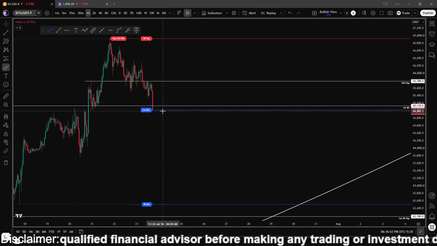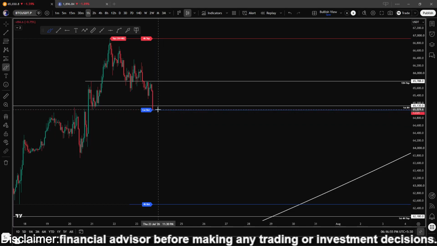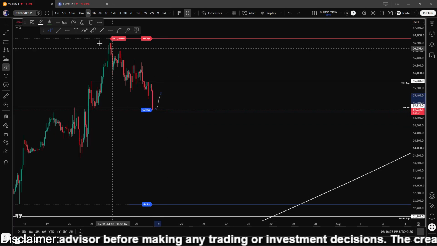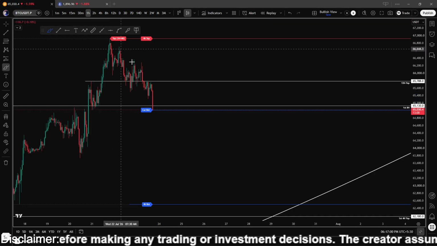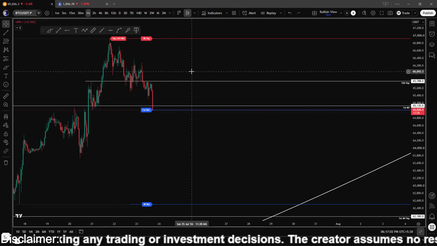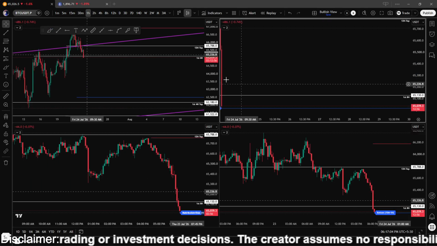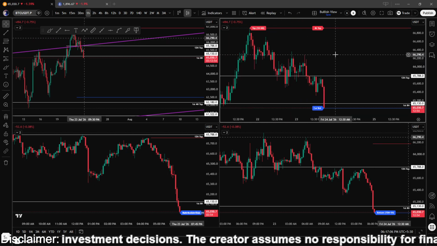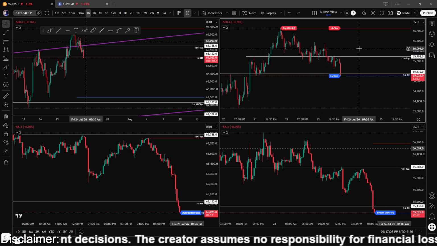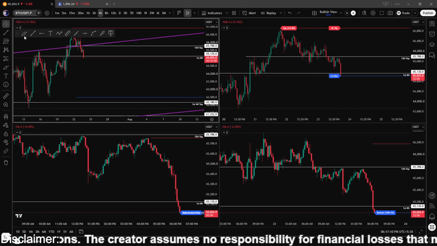As I said, whenever the price is trading in the bottom, there tends to be some sort of a bounce, and that is the most likely thing we might see in BTC in the next couple of days.